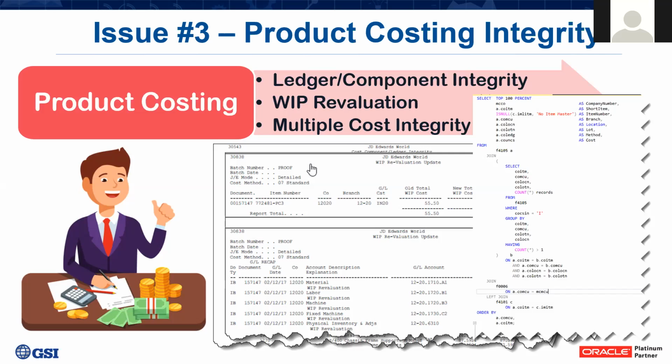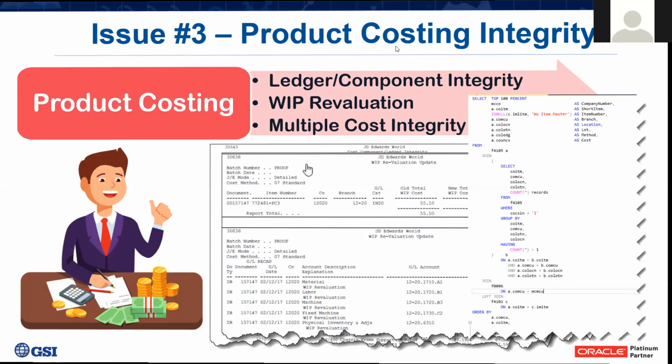So having duplicate cost methods flagged can mess up an inventory report if you're running a standard, or standard snapshot. So you just want to make sure that you're not overinflating your inventory number because there's bad data behind the scenes. Okay, so there are things you can do about the product costing.